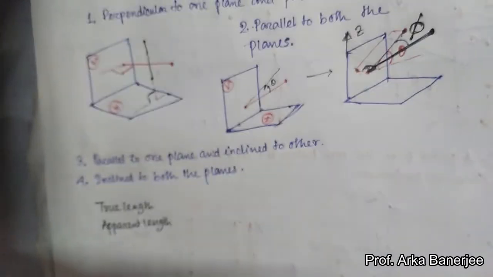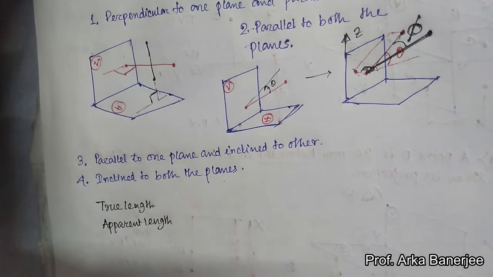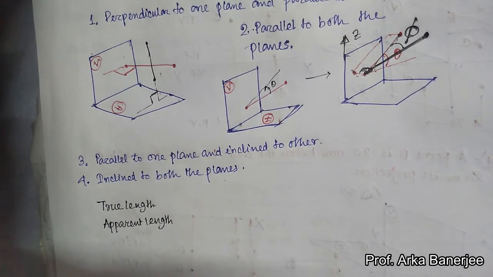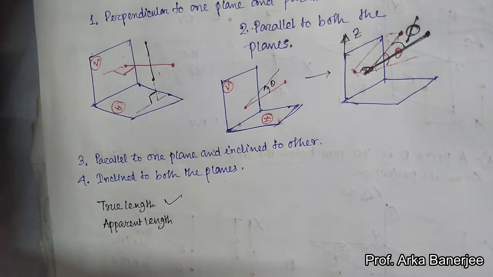True length is when any straight line is parallel to a plane, then if you project it on that plane, it will show the actual length as it is. Then this length will be called the true length.